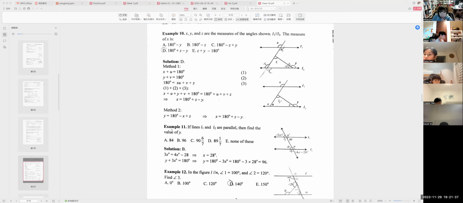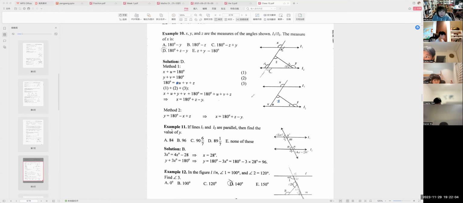So that's why U plus V plus Z, oh, sorry, this is the Z. Why is it like that? It should be U plus V plus Z equals 180.